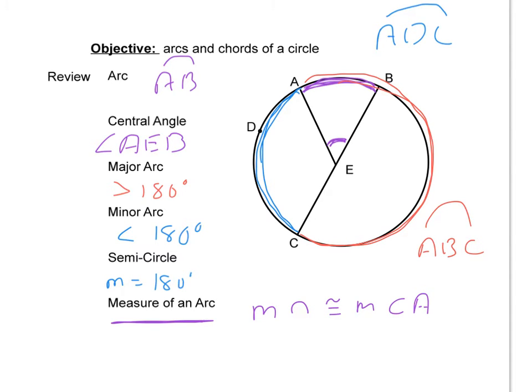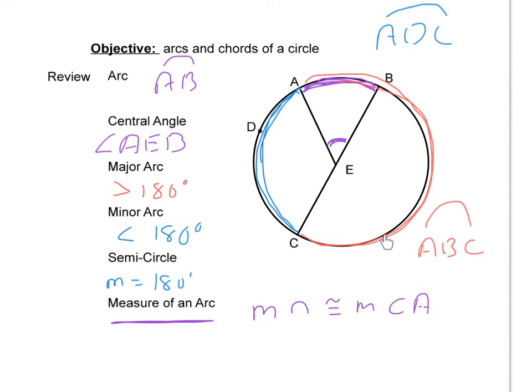If we see an arc that's labeled with just 2 points, like arc AB right here, we will assume we mean the minor arc. If I label an arc with just 2 points and there's a major arc and a minor arc, let's assume it is the minor arc. And lastly, of course, we have a semicircle. The semicircle BC would be this arc right here.